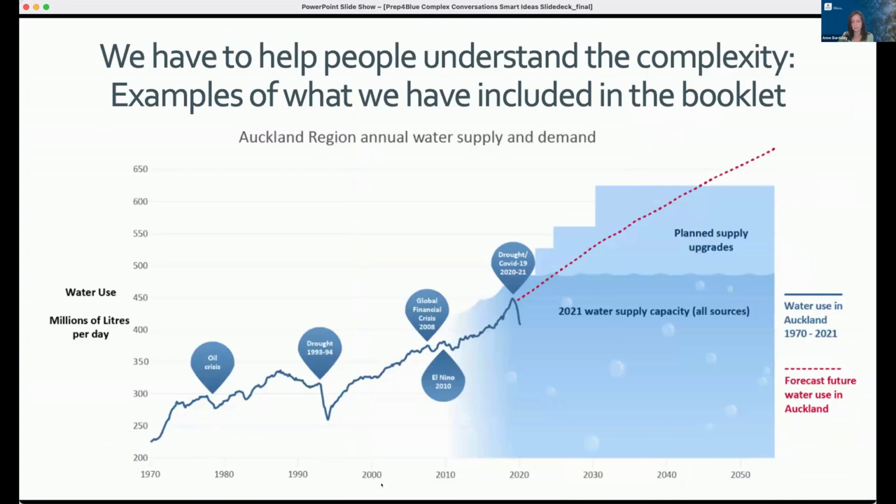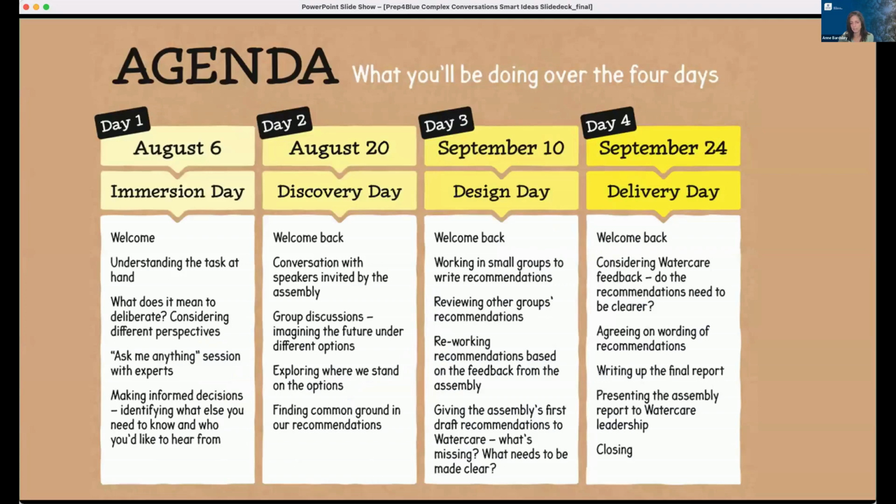And this was an important, this is the why question that we had to walk them through, showing the trends in our population growth and water supply and why we needed this big source. So this is an example of the type of information that was given to the participants.